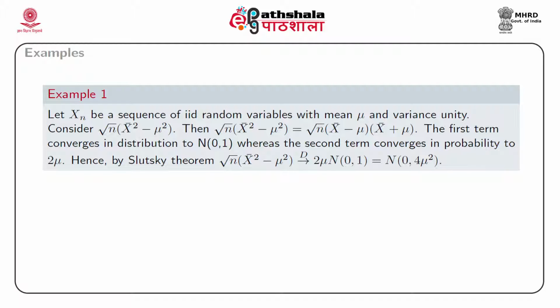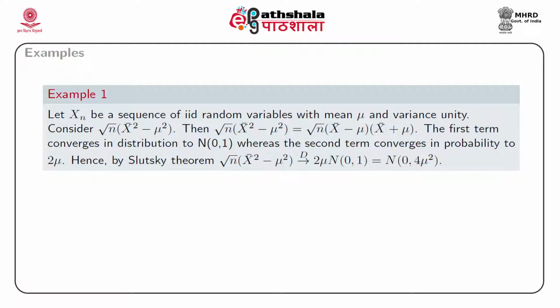Then we can write square root of n multiplied by X bar square minus mu square as square root of n multiplied by X bar minus mu into X bar plus mu. The first term converges in distribution to normal 0, 1. This follows from central limit theorem, whereas the second term converges in probability to twice mu. Hence, we can apply Slutsky theorem here, because we have a product of two random variables, the first one converging in distribution and the second one converging in probability.